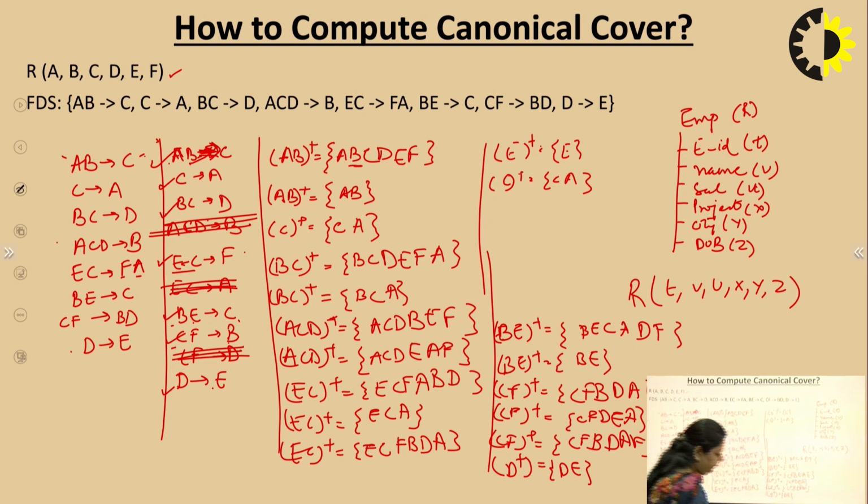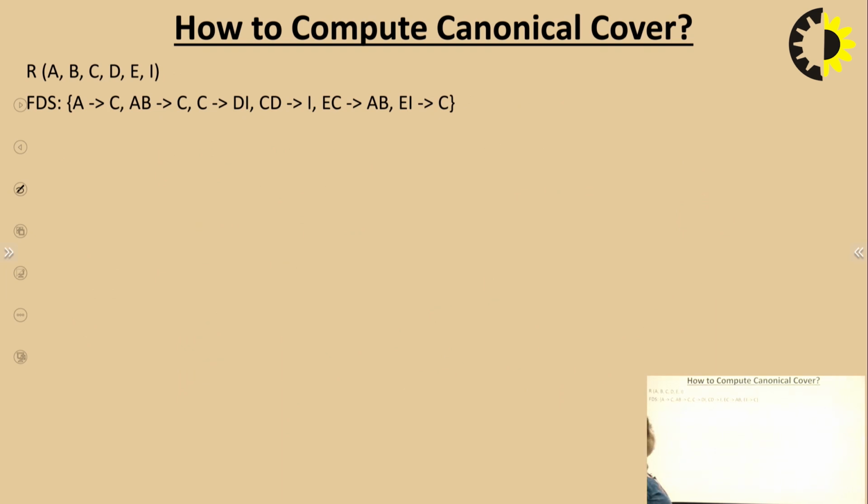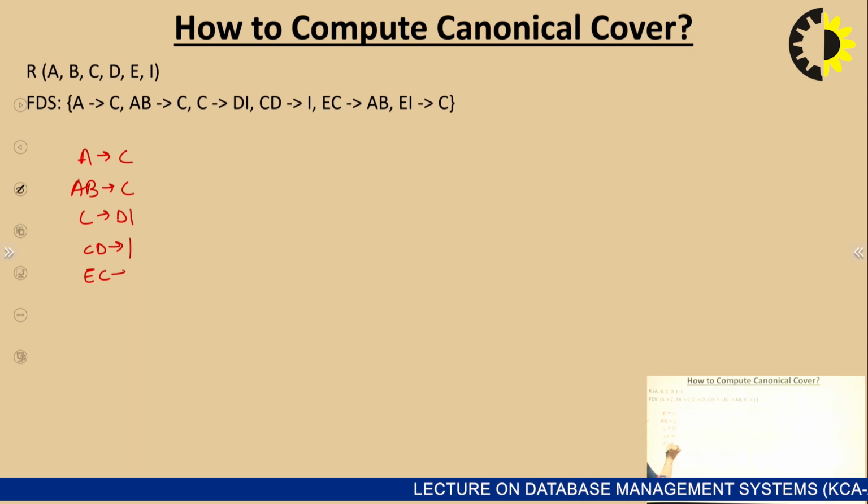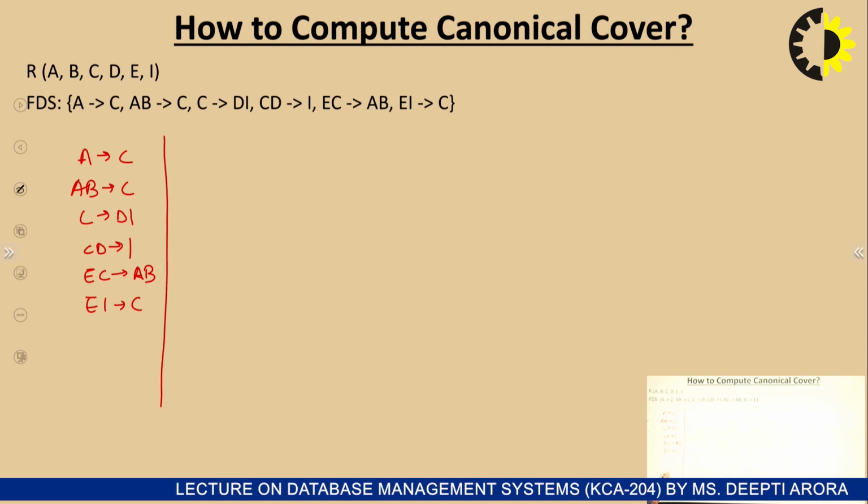So let us see another example. Here is a relation A, B, C, D, E, I and a set of functional dependencies A to C, AB to C. Let us write them out in vertical order. A determines C, AB determines C, C determines DI, CD determines I, EC determines AB, and EI determines C. Decompose it.